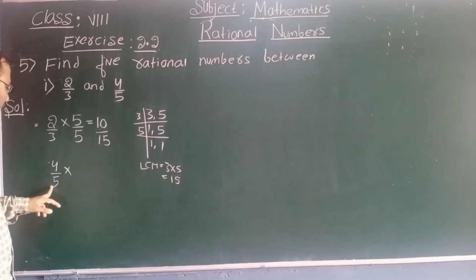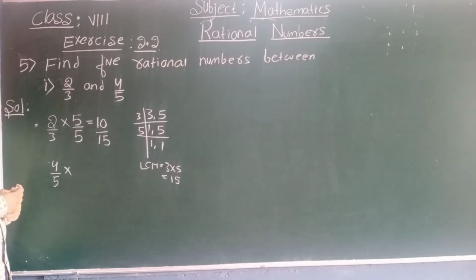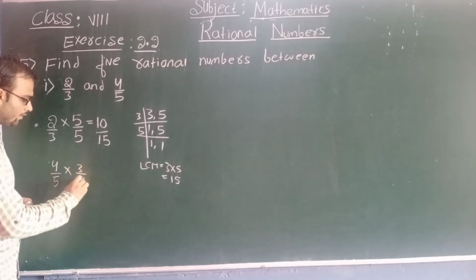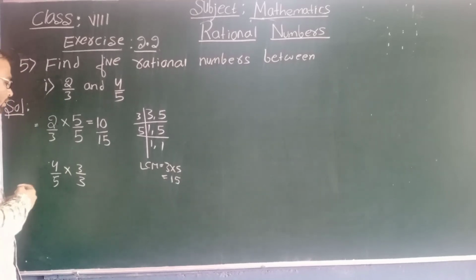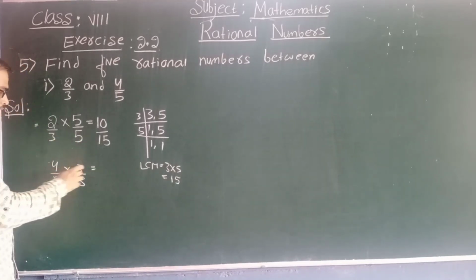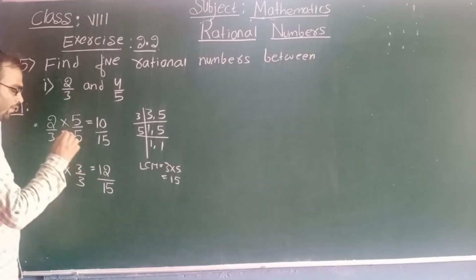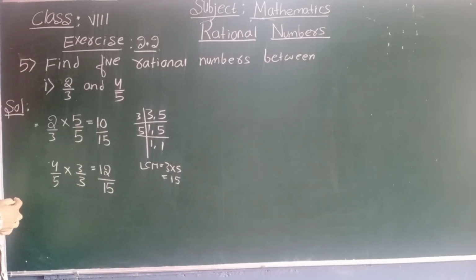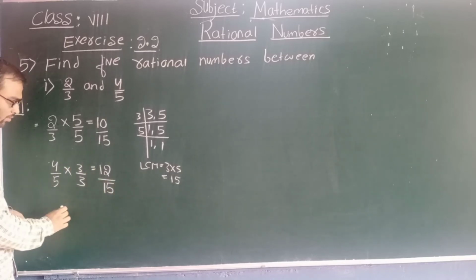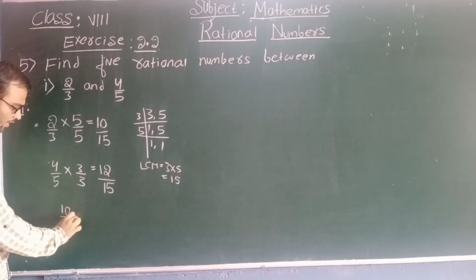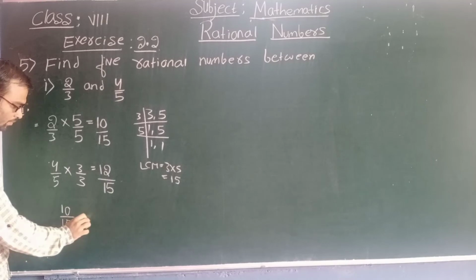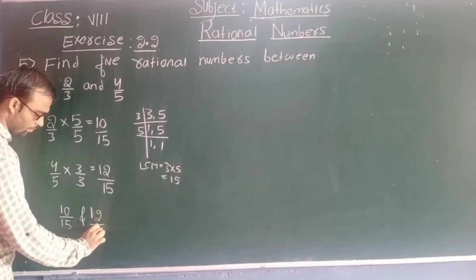So what has to be multiplied to 5 to get 15? 3, no? So we will multiply by 3. So 4 3s are 12, 5 3s are 15. Now we'll rewrite these two numbers, that is 10 by 15 and 12 by 15.